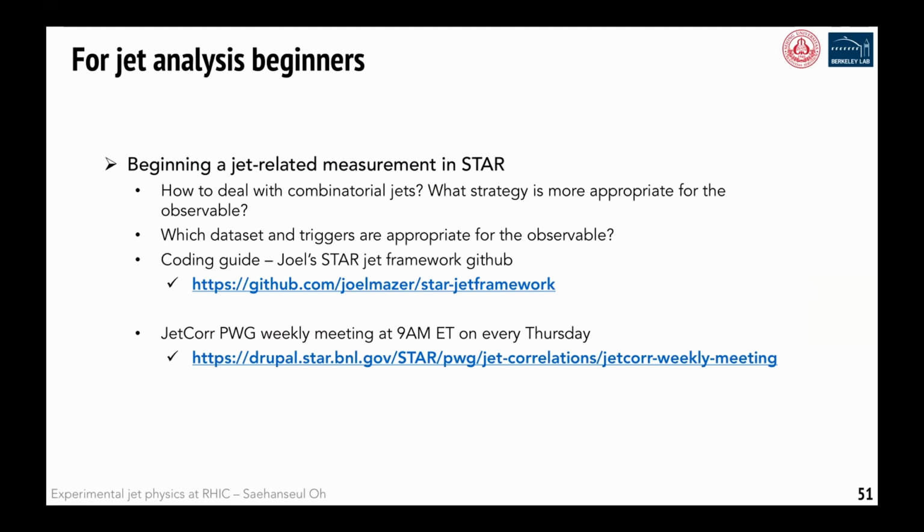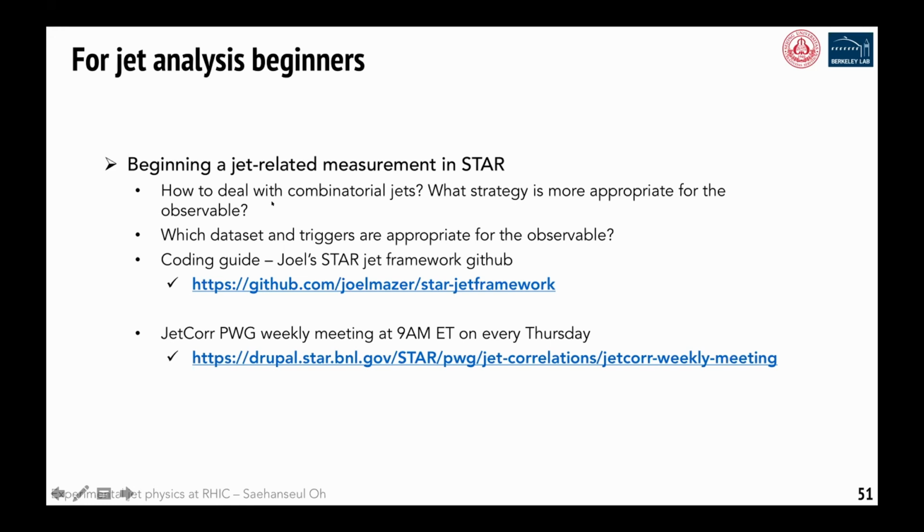Like if you have measured J/psi before, then you can combine your J/psi with the jet, that becomes a J/psi jet, like Chen does. Or if you are familiar with a certain other observable and you want to combine it with the jet measurement, you're of course welcome to do that. But beginning a jet-related measurement in STAR, you may think it's kind of difficult because you are not familiar with that. I wanted to comment on it.